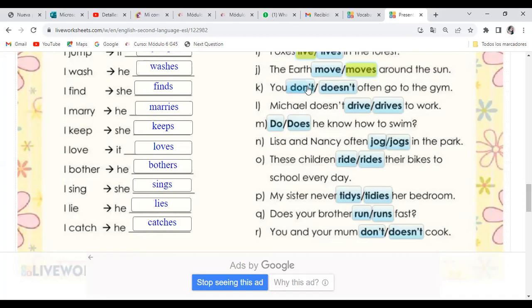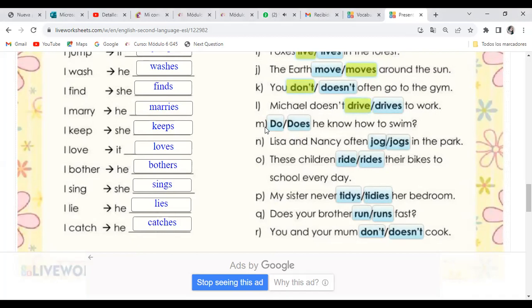Yes, very good. And then Michael doesn't drive or Michael doesn't drives. Vean que ahí ya está el auxiliar. Y cuando ya está el auxiliar, ¿qué le pasa al verbo? A ver, alguien me contestó aquí en el chat. Christian me dice que se queda igual. Perfecto, Christian. Very good. Michael doesn't drive to work.